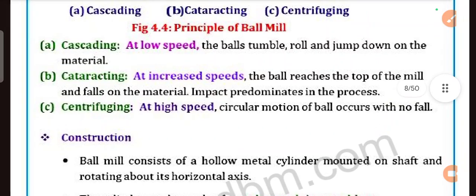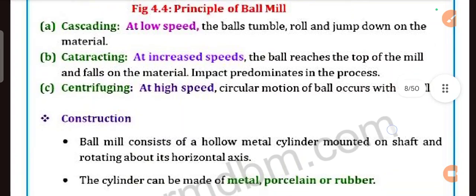Cataracting: at increased speeds, the balls reach the top of the mill and fall on the material. Impact predominates in the process. Centrifuging: at high speed, circular motion of the balls occurs with no fall.